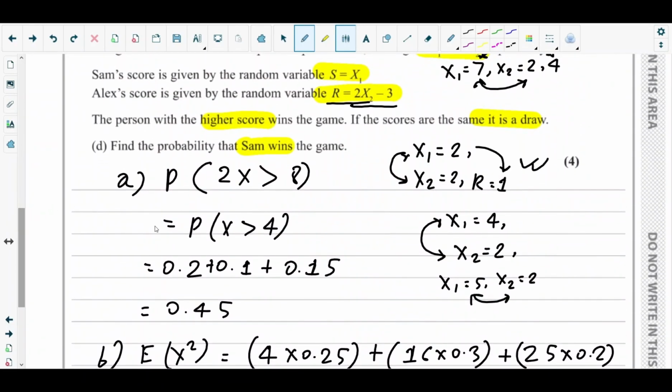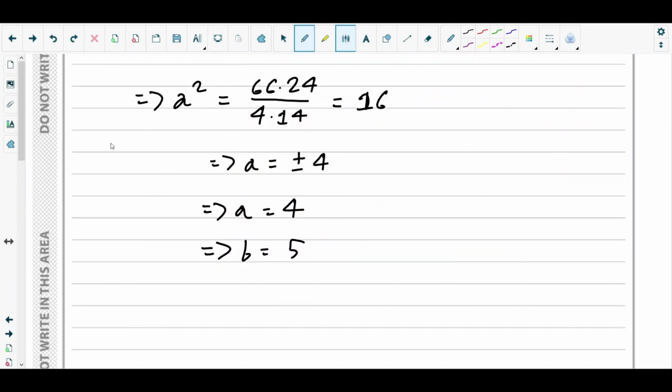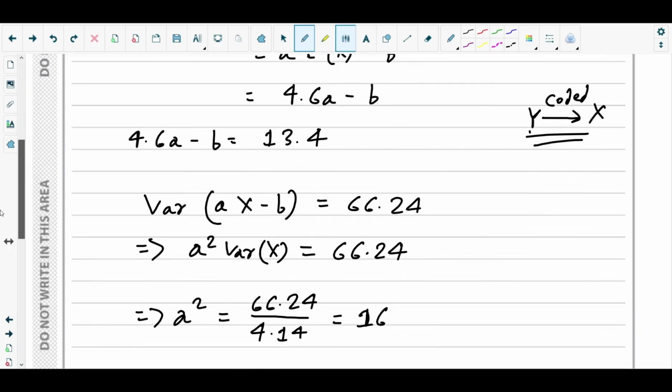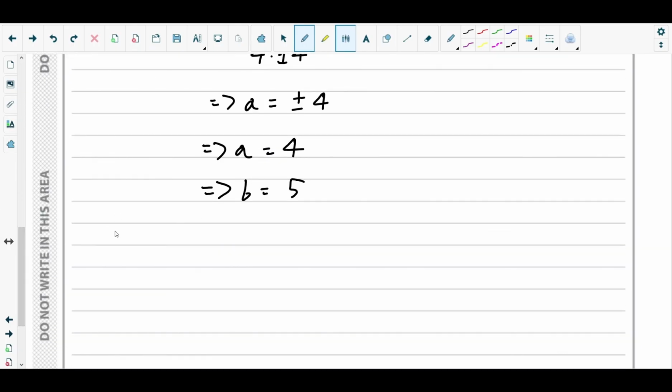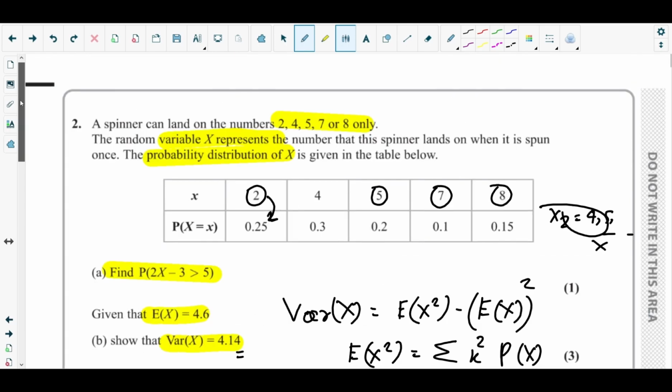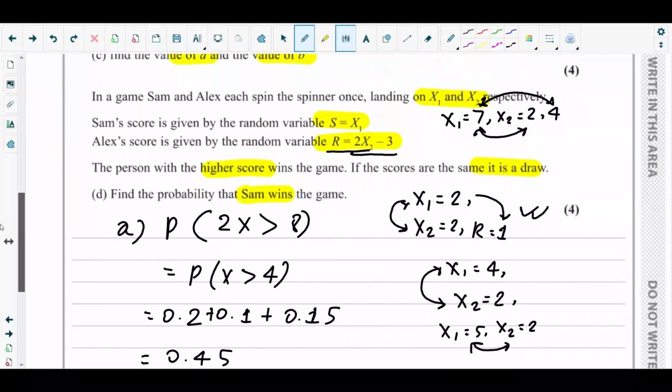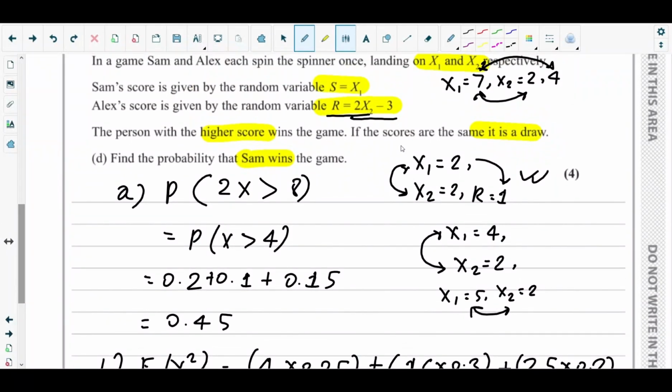So for part D, we need to find that probability that Sam wins. So what would that probability be? Let's consider the probabilities. At first, x1 was 2 and x2 was 2.